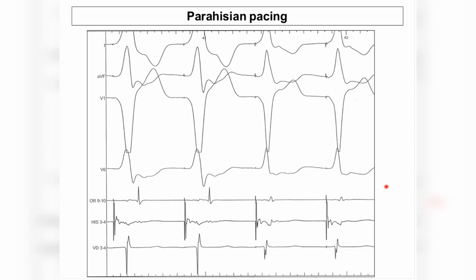Now, if you look at this tracing carefully, I would like you to answer this question.